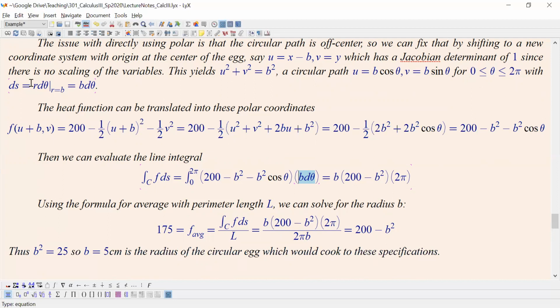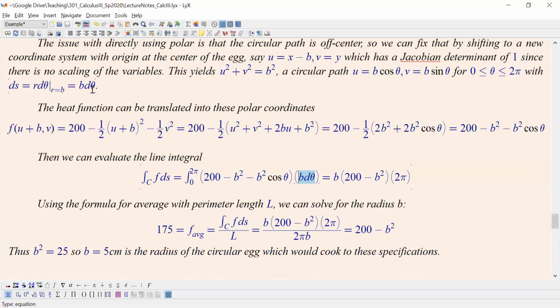And because of that, the arc length of a circle is r d theta, or I should say the change in arc length. The regular arc length s would be r times theta, but since we're looking over a small piece of arc length ds, that's r, the radial distance outward, times a small piece of theta. And because r is equal to b on our particular circle, that's b d theta.